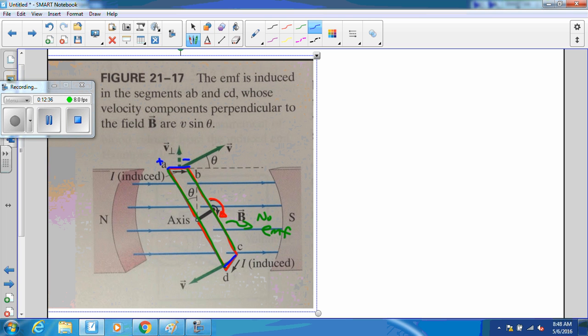So if this is plus and this is minus, then this guy's going to end up being minus and that's going to be plus, and it's all going to push current in one direction, like so. And in fact, these will basically be like 2 batteries stacked together.